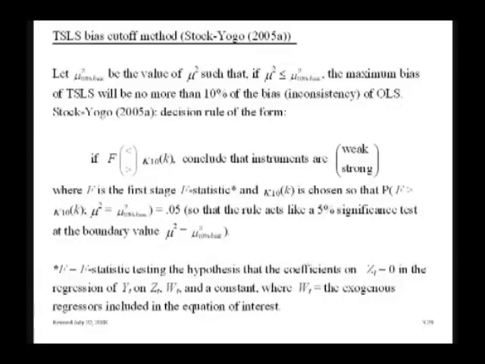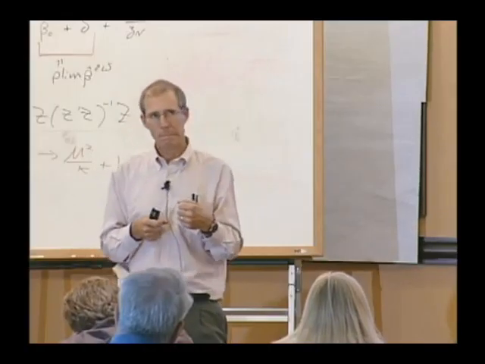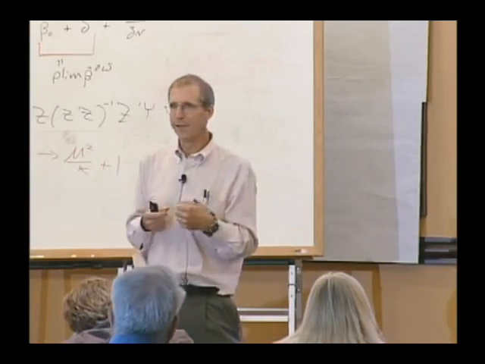So you need to somehow draw the line. Any way that you draw the line is going to have an arbitrary nature to it. So here's one arbitrary way to draw the line. I want to make sure that my value of mu squared is such that the bias of my two-stage least squares estimator relative to the bias of OLS will be no more than 10%. So I'm only 10% as bad as OLS.